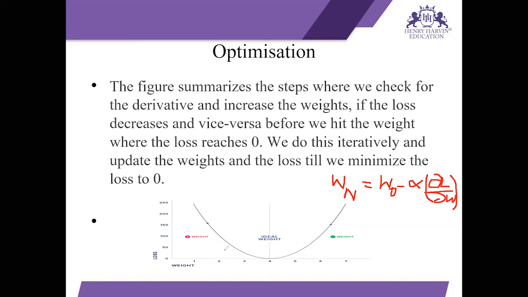So dou L by dou W means that is the slope of this. So we are ultimately trying to get the proper learning parameter, because this is going to be the step. So in the previous case, we were increasing it by 0.0001, right? So that is what we are deciding.